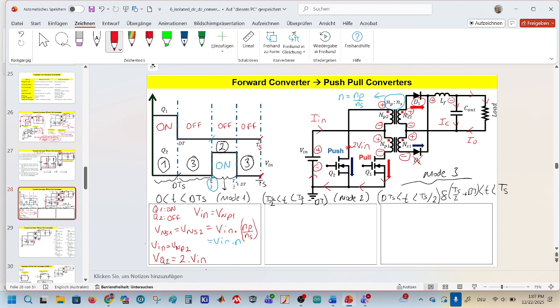If Q1 is on and Q2 is off, we have a voltage stress on the second switch, Q2.